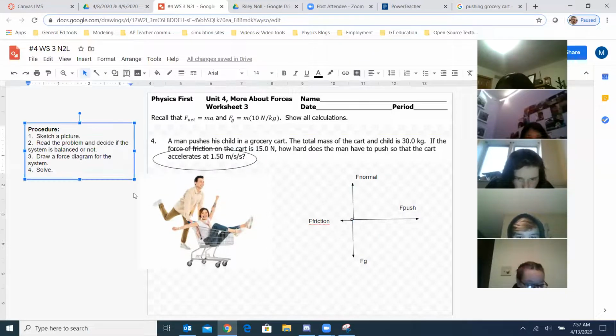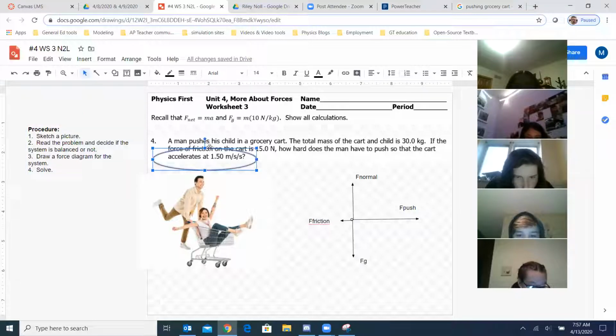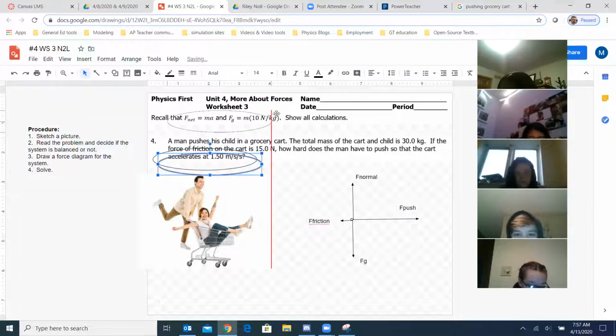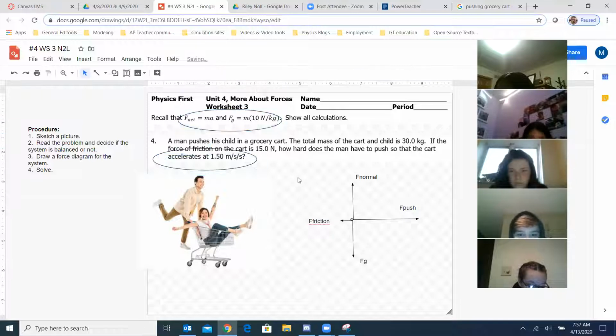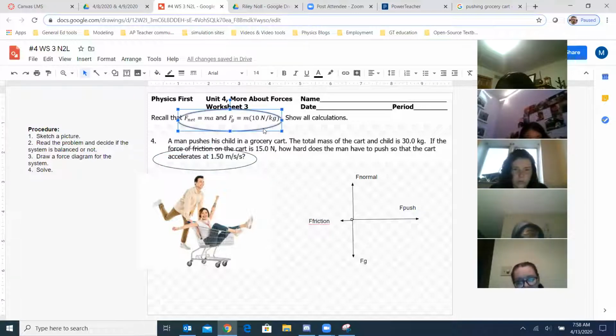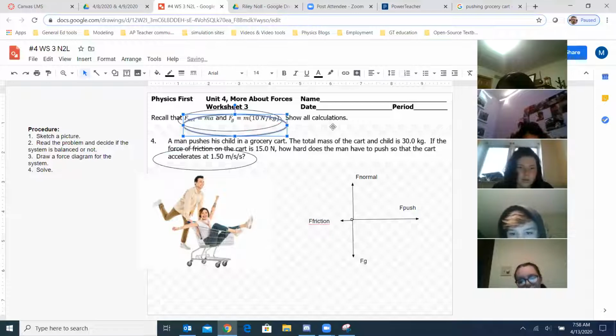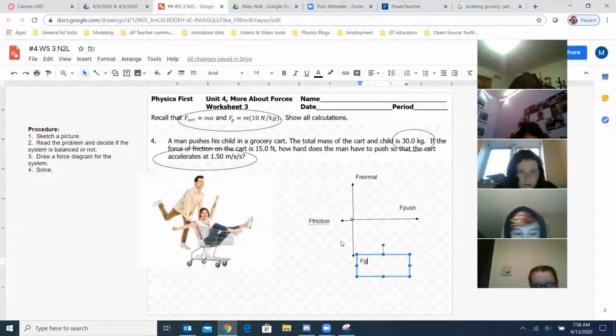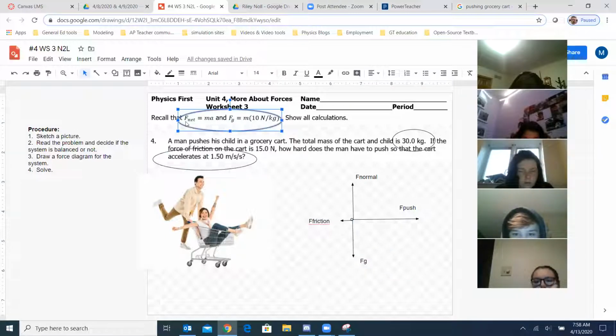And then finally solve it. Okay, well, there's only two equations that we have for solving. So let me circle those up here. So 2 equations. It says that the mass is 30 kilograms. So down here for the gravity, if you look at this first equation up here, we know the force of gravity is equal to mass times 10.